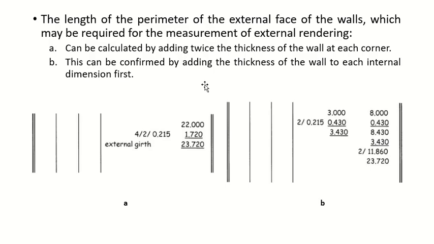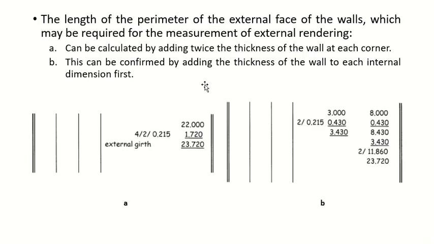Clear? So in method A, you take the total internal girth and you are adding what? 4 was what? 4 corners, 2 walls, right? On each corner, the thickness. And you add it to the total internal perimeter once.